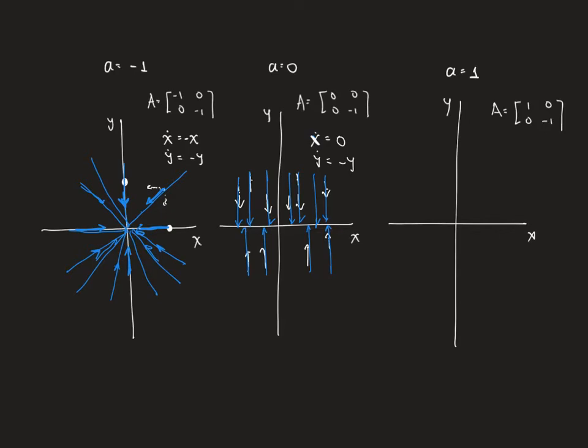Now in here, every single trajectory is vertical, pointing to the x-axis, but they are going to different places, so they are not pointing to a single given point, like in this case. So this is actually a line that is full of fixed points, an infinite amount of fixed points. So this case is qualitatively very different from this one.